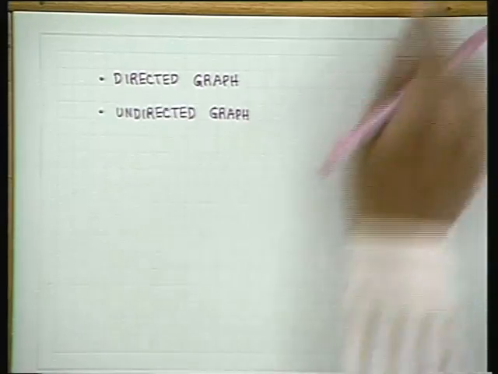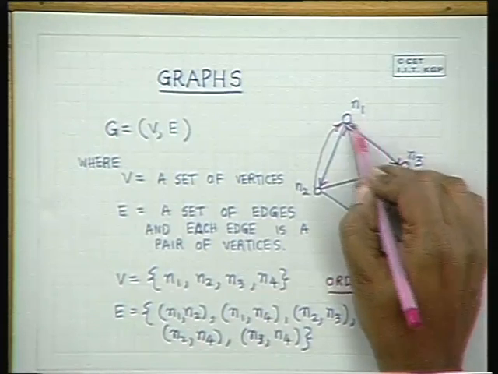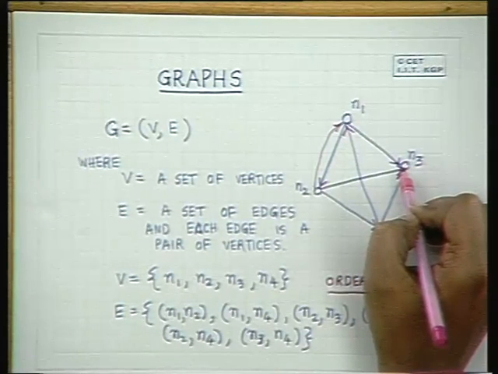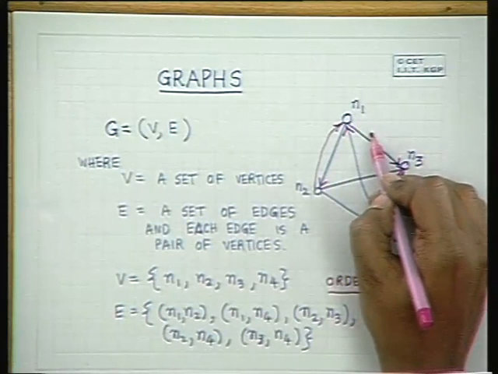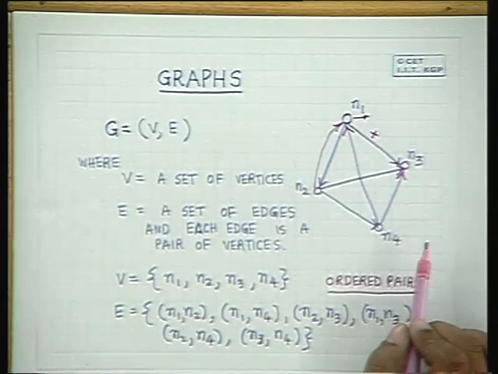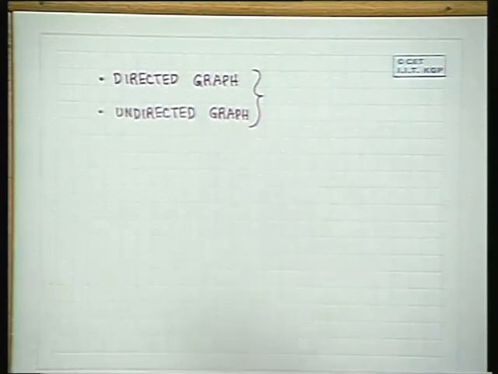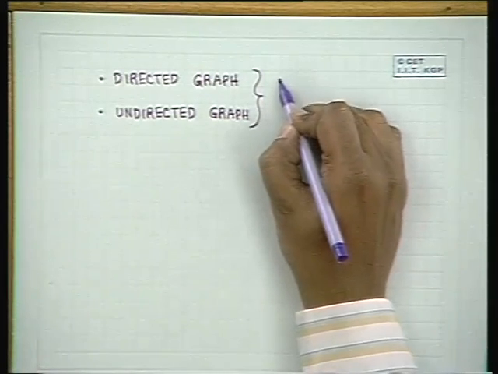And for both directed and undirected graphs, as we said before, you can have weights on the vertices as well as on the edges. That is, in some cases you can have weights on the edges, in some cases you can have weights on the vertices, and in some cases you can have weights on both. So directed as well as undirected graphs may be weighted or unweighted.